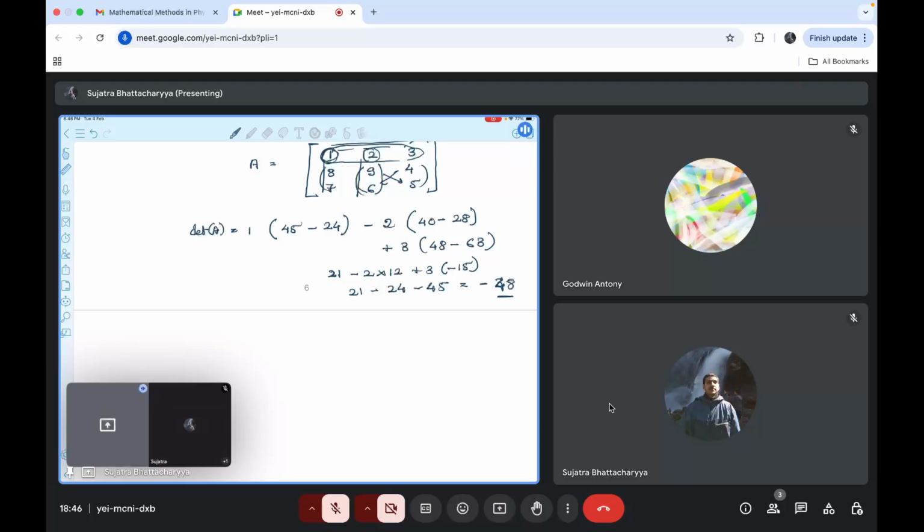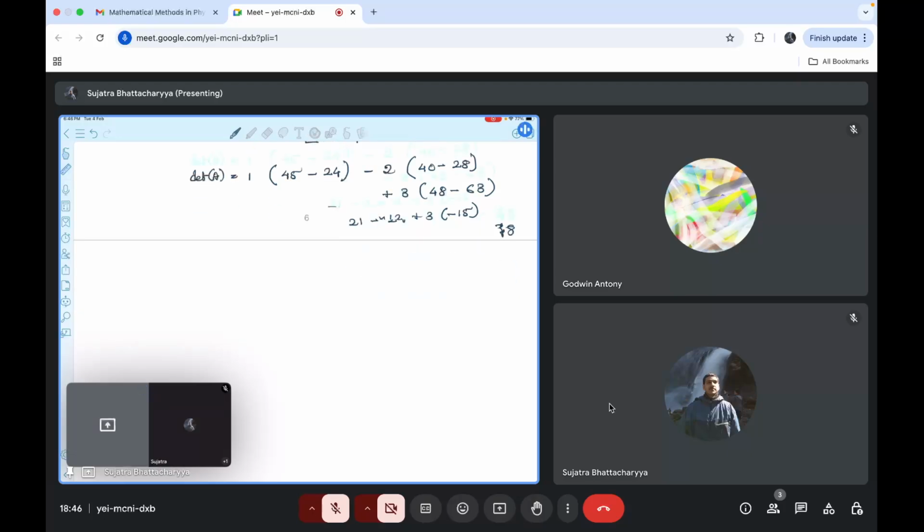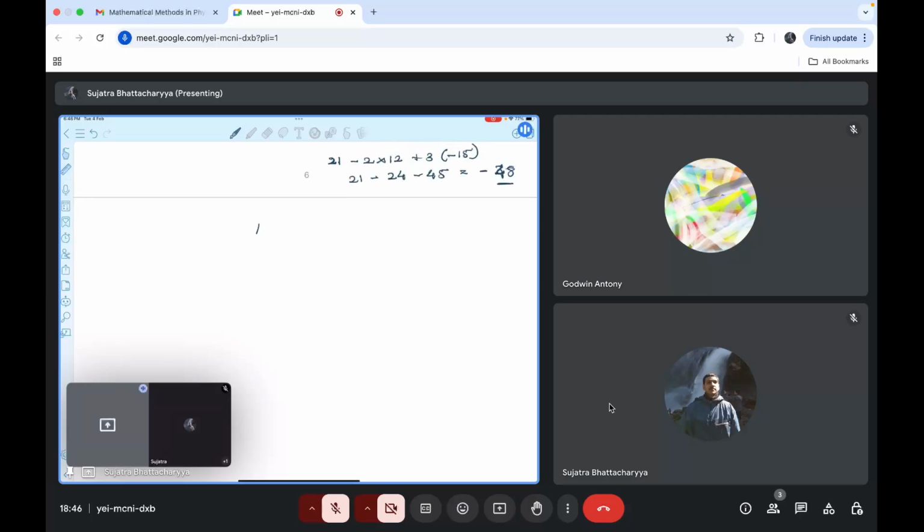But how do we calculate the cofactor matrix? That is the next question. I am writing it again so that it is clear here. So it will be 1, 2, 3; you have 8, 9, 4; and you have 7, 6, 5. So how do we calculate the cofactor?